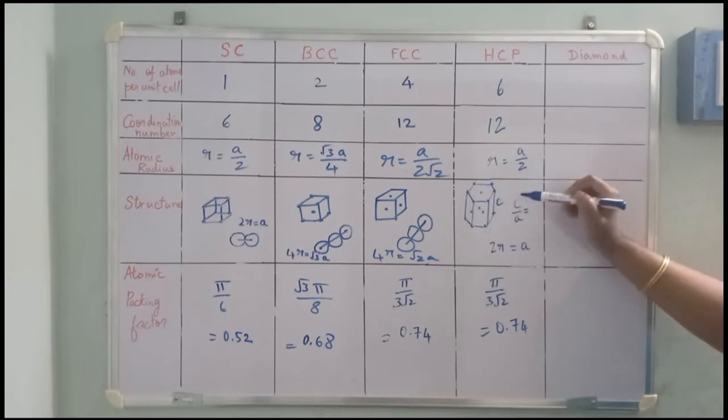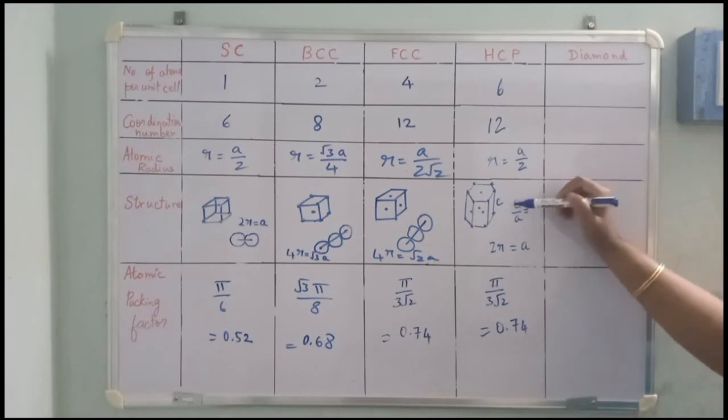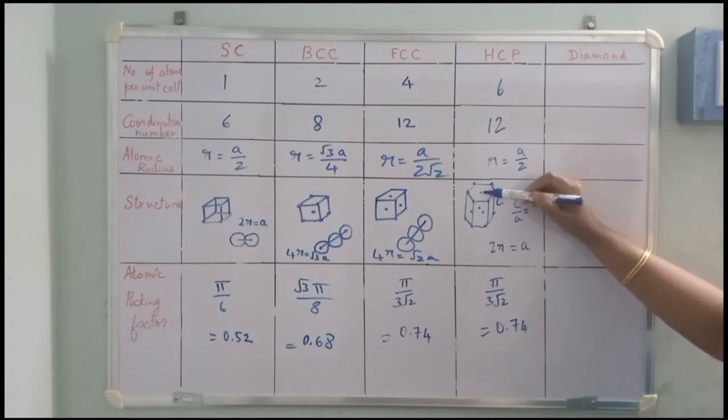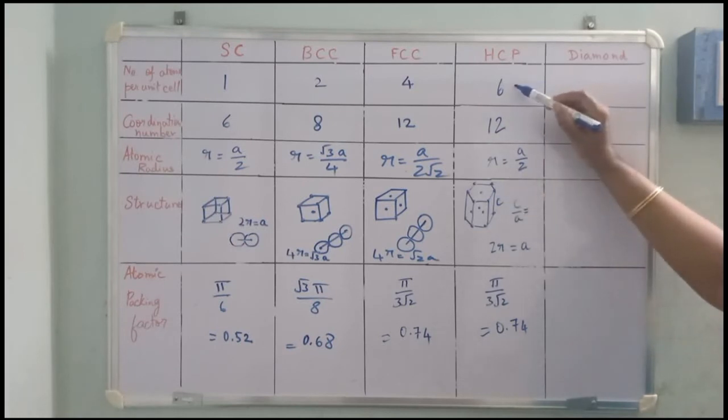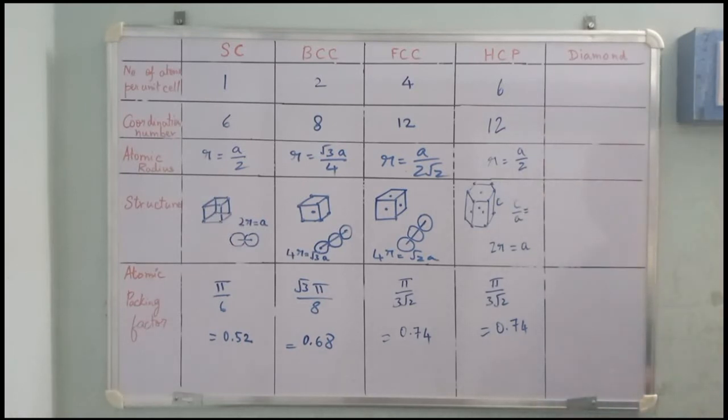There are 12 corner atoms, so the contribution due to corner atoms will be 2, and the contribution due to the face-centered atoms will be 1, and there are 3 atoms within the unit cell, so the total number of atoms per unit cell would be 6.